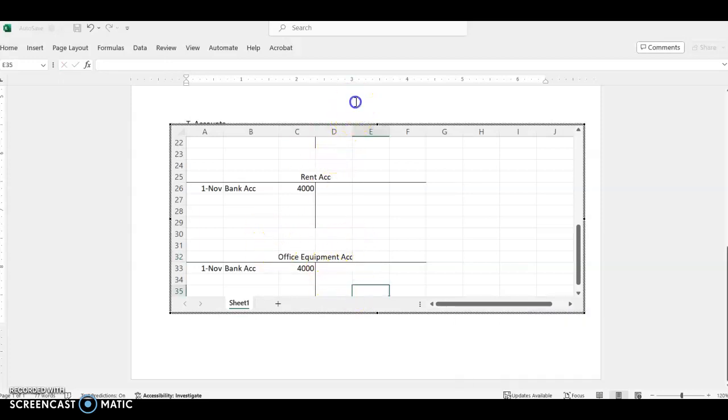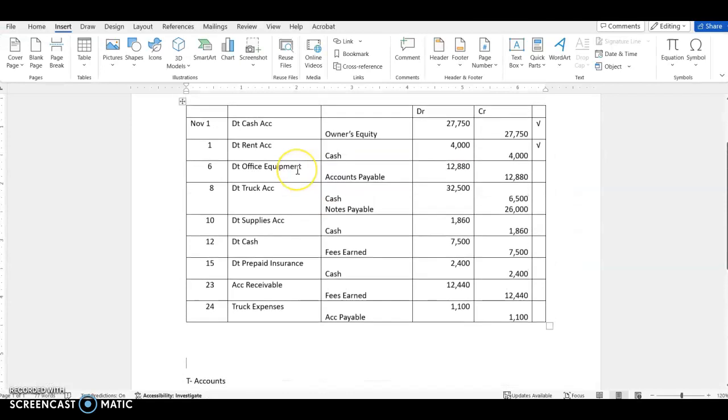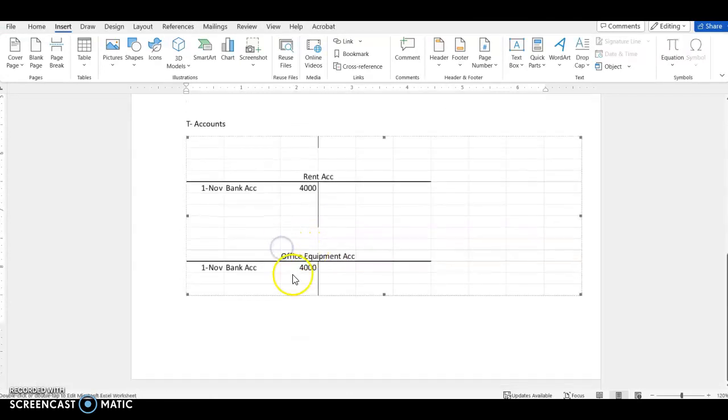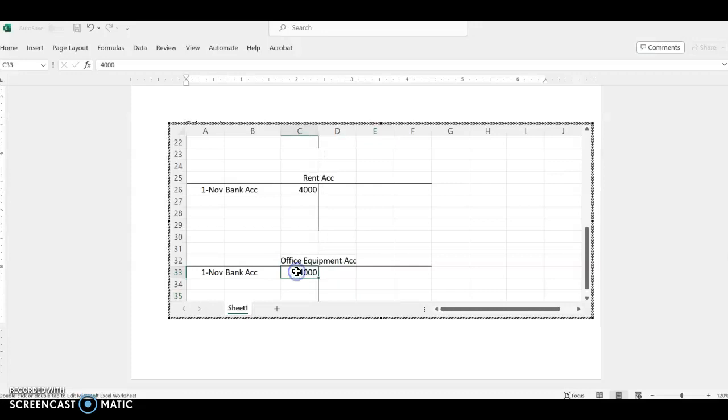How much? Office equipment 5880. The date was the 6th.